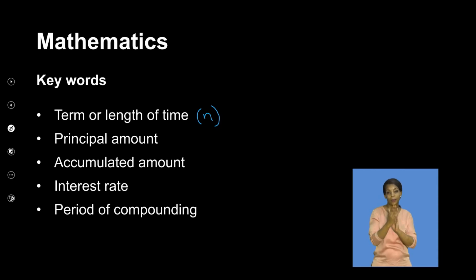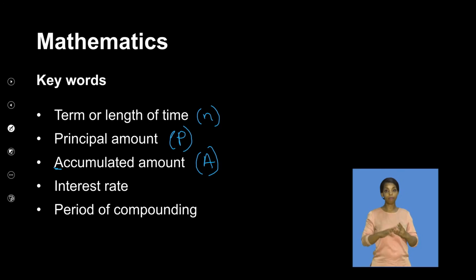We have the principal amount, which we normally represent using P. The accumulated amount, the A there, we normally use A for this. The interest rate, which is normally either I or R, so we will say this would be I in this instance. And then the period of compounding.